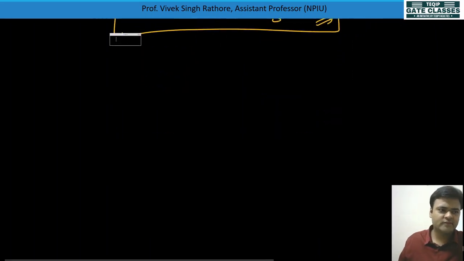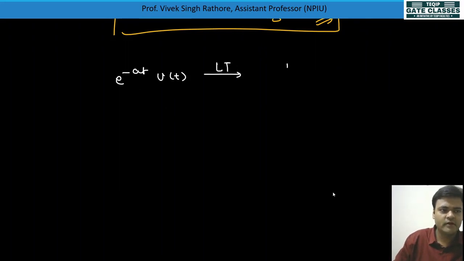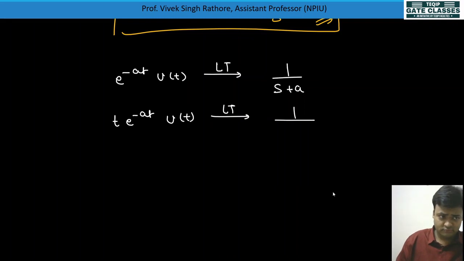We can apply this formula to another signal also. Say you have been given the signal e to the power minus at u of t. What will be the Laplace transform? It will be 1 by s plus a. Now if we multiply t into e to the power minus at u of t, what Laplace transform will we get?